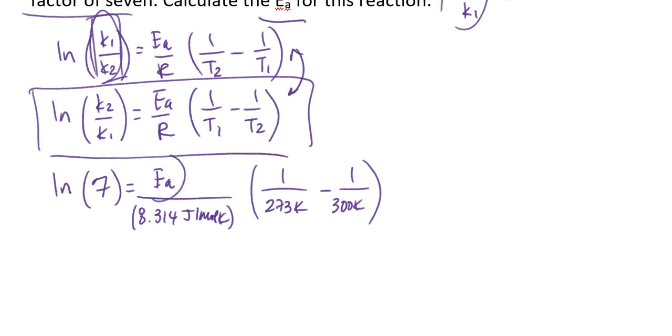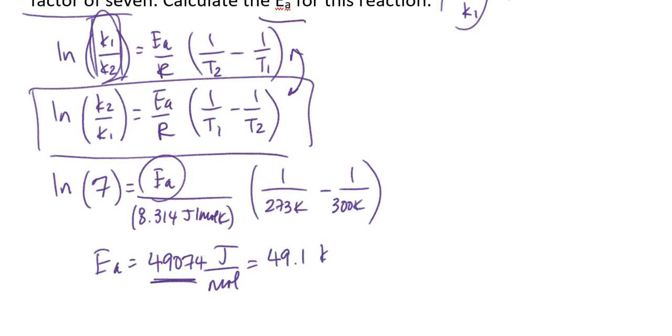So if I do the algebra and solve for the activation energy and do the calculation, what I find is this comes out to 49,074 joules per mole. But this is a somewhat larger number, and so I could convert this to kilojoules per mole, and that would make that 49.1 kilojoules per mole.